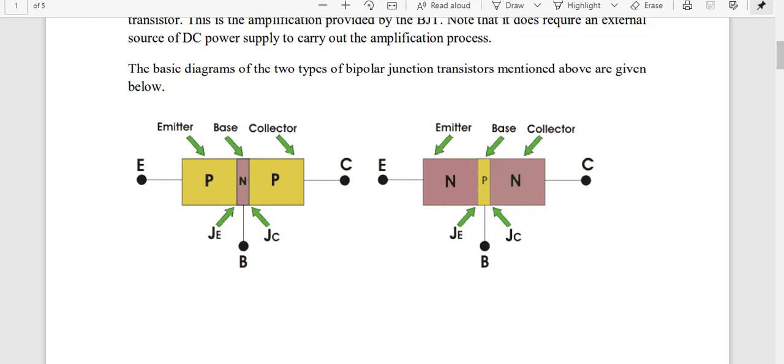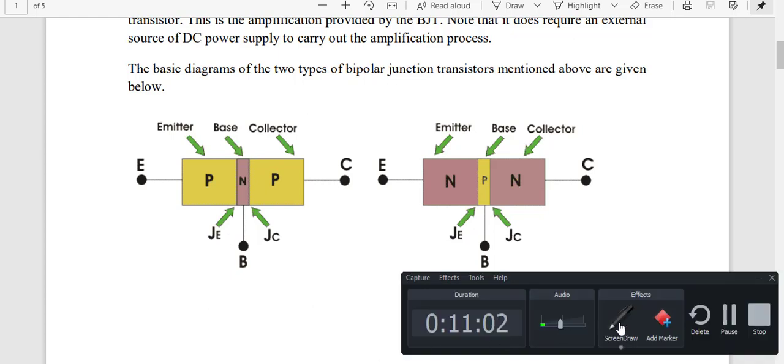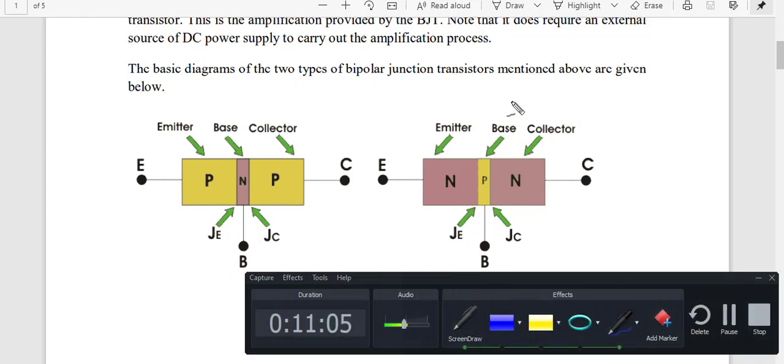Suppose you have a diode, one PN junction, and this PN junction is again connected to this. The positive side is the anode, so this is P, now this is N and this also N, and this also P. It looks just like a view of a PNP transistor.